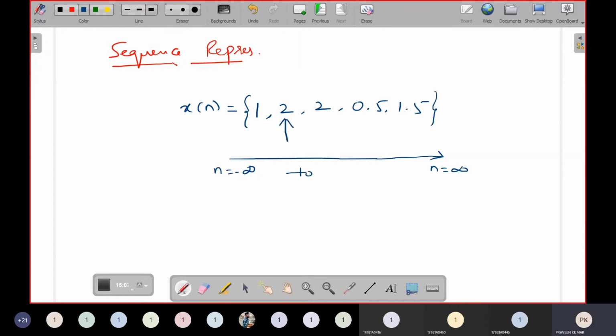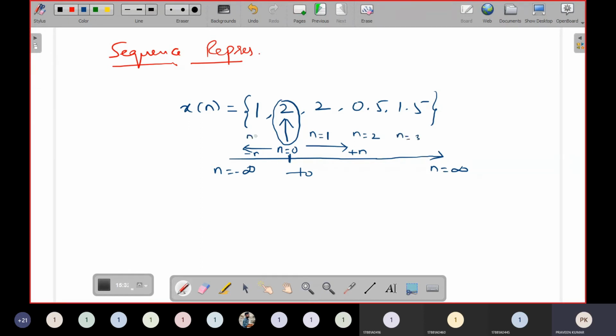This arrow indicates this is the amplitude at n is equal to 0, nothing but simply the reference point in the coordinate, and the right side is completely the positive time instants, and from this the left side is negative time instants. The next one is at n is equal to 1, next n is equal to 2, next n is equal to 3, and so on.